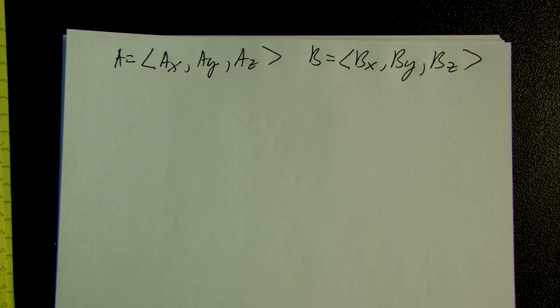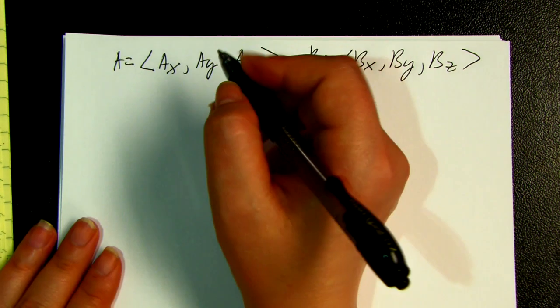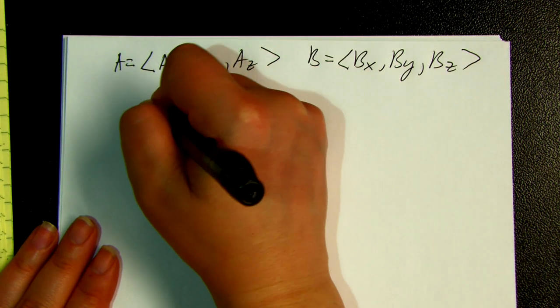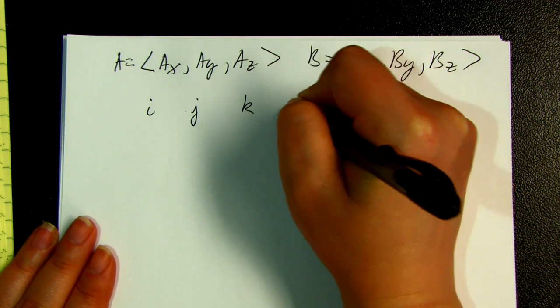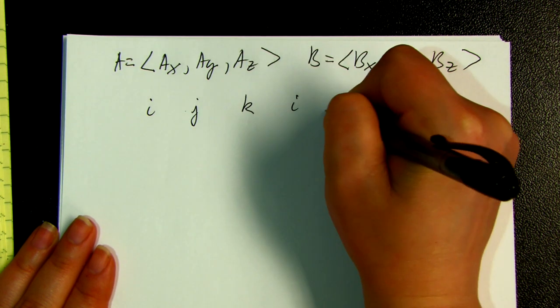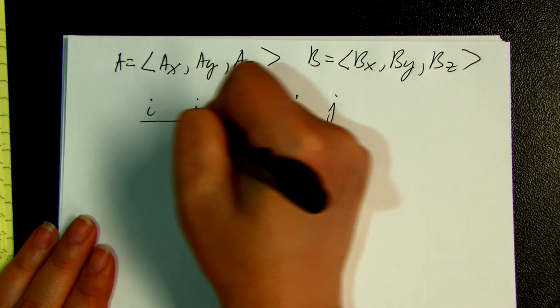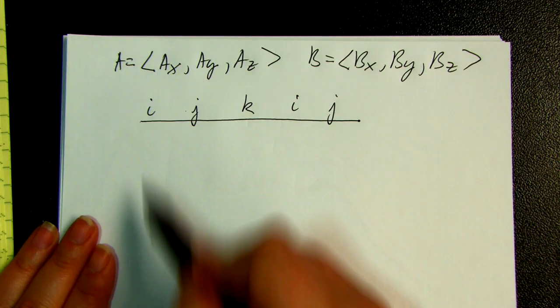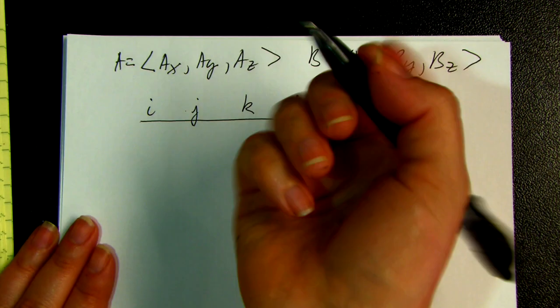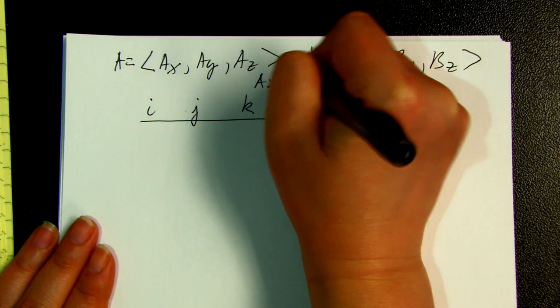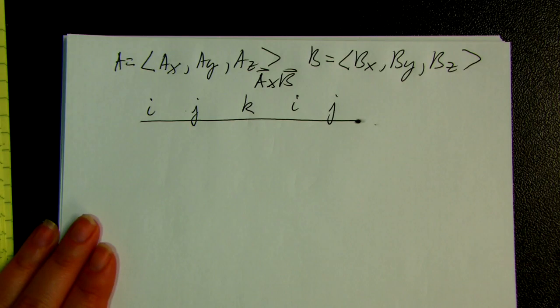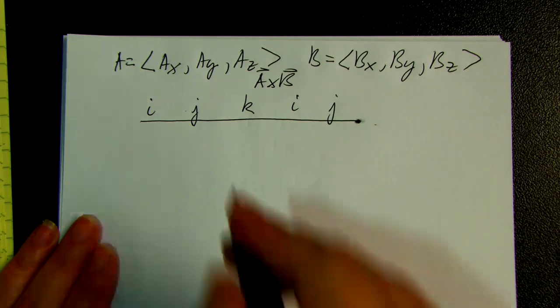All right, so we can line them up: I, J, K, I, J. And then underneath each of these, you want to start with A on top because we're going to calculate A cross B. So that means A goes on the top row, B goes on the second row.